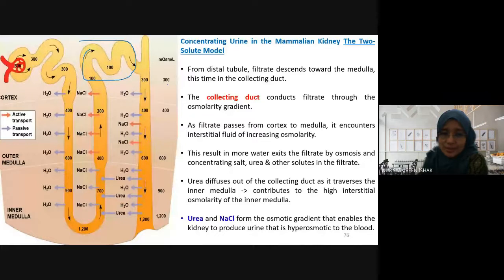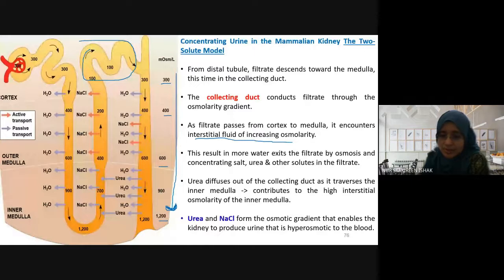So interstitial fluid, as it enters from cortex into the inner medulla, the interstitial fluid will become more and more concentrated, hyperosmotic. Okay, so as filtrate passes cortex to medulla, it encounters interstitial fluid of increasing osmolarity.